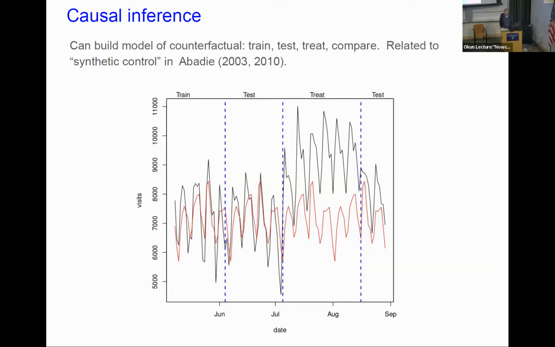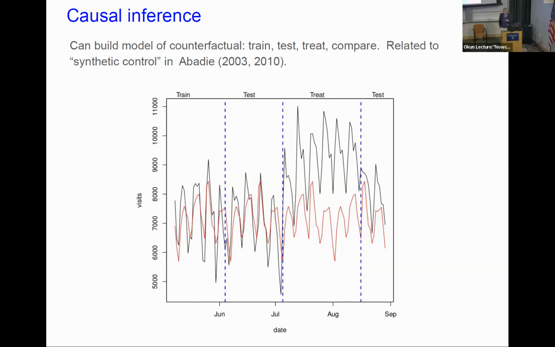We can build a model where we've got the counterfactual, so that's what happens if there's no treatment at all. And then we've got a model that we estimate, we train that in the first quadrant there. Then we test it out of sample to ask, is the out of sample prediction aligned with the outcome? And then in period 3, we have a treatment, and you can say, hey, look at that.